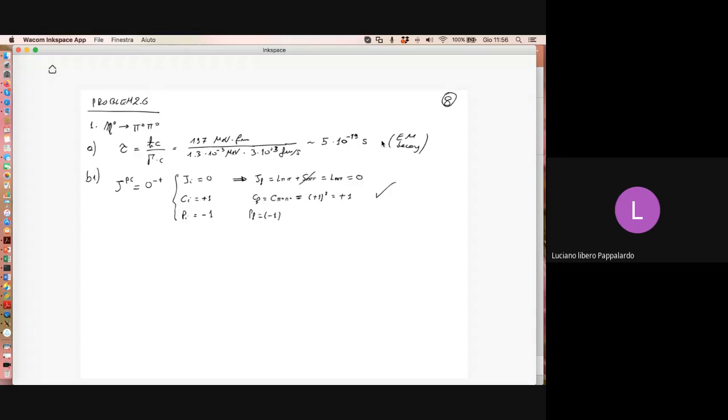We have -1 to the L pi pi times the intrinsic parity of the two pions. This is -1 to the 0 because the orbital angular momentum is 0, and then as usual the intrinsic parity is negative for pions. So this is a +1, and then overall this is a +1.